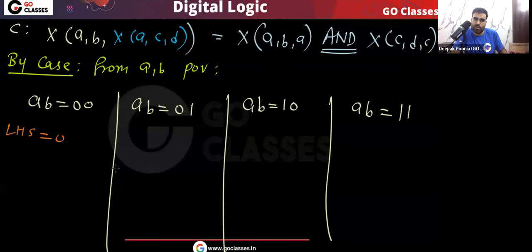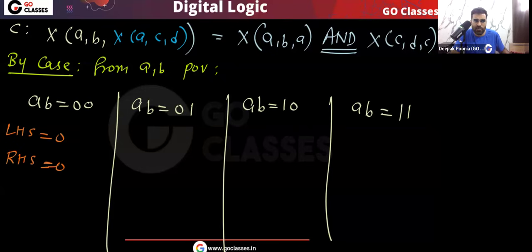LHS definitely will be 0 because two input variables are 0 0. Then this third component can be anything. And what about RHS? When A and B both are 0 0, this will be 0. 0 and anything that will be 0. So you can see RHS also will be 0. So remember, right now, so far, I cannot eliminate option C. I have to check the remaining cases also.